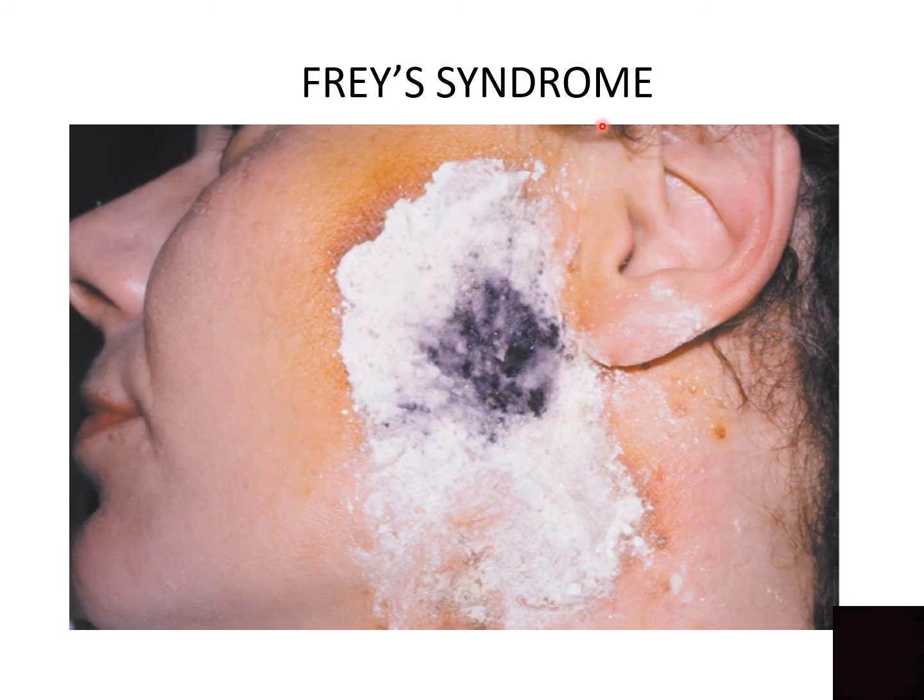Frey's syndrome is also known as gustatory sweating or auriculotemporal nerve syndrome. Surgical procedures involving the preauricular area, such as temporomandibular joint surgery or surgery involving the parotid gland, may damage branches of the auriculotemporal nerve.